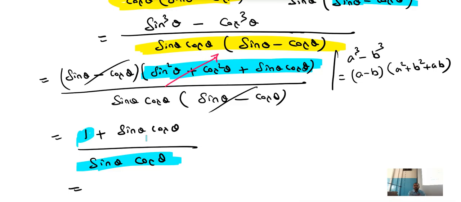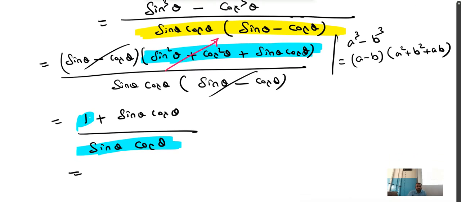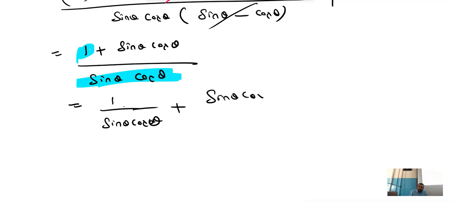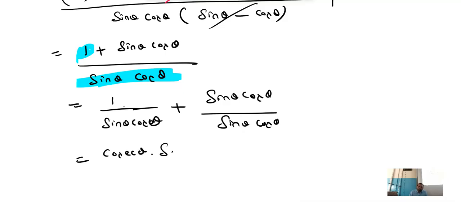Can we split both the sides? Once we split, what do we get? That is 1 by sin theta cos theta plus sin theta cos theta divided by sin theta cos theta. I am splitting on both the sides. 1 by sin theta is cosecant theta, into 1 by cos theta is secant theta, plus sin theta cos theta get cancelled.